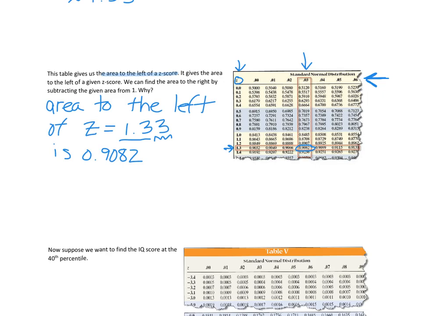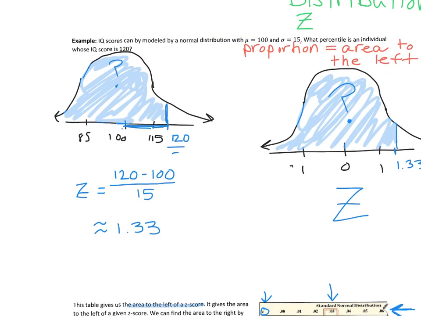So let's go up to our problem. We just determined using our z-score chart in the back of the textbook that this area was 0.9082, so we're able to solve the problem. The proportion, the area to the left, is 0.9082.